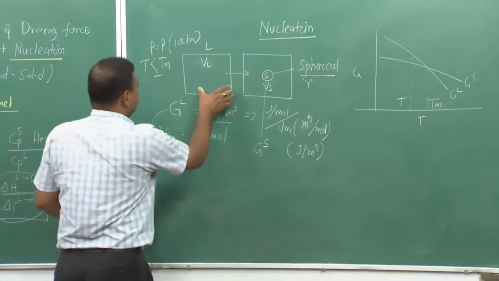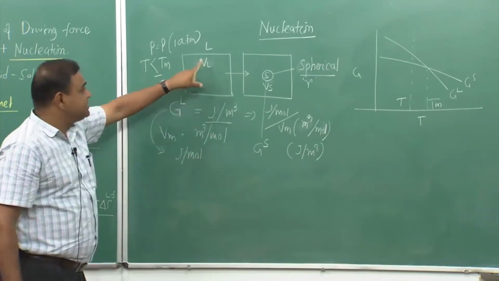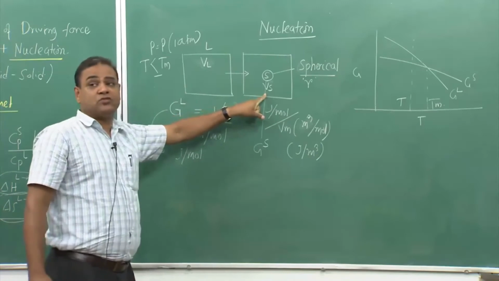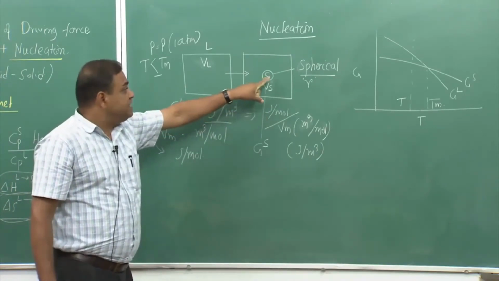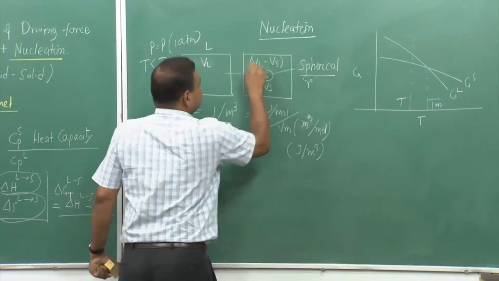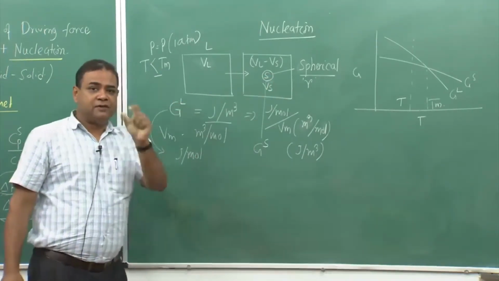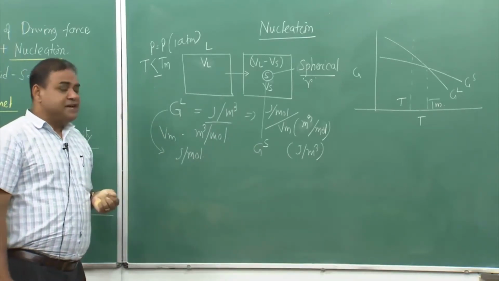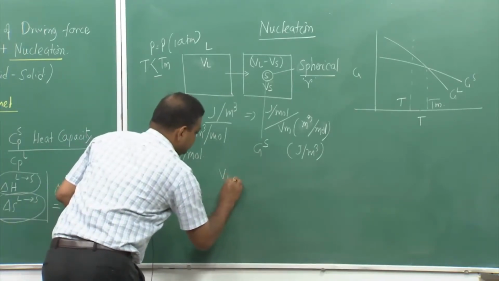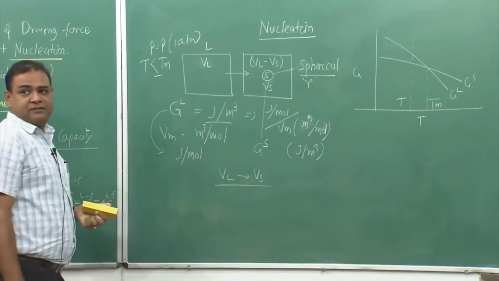Now, I can calculate the total free energy of this particular closed volume, and there, interestingly, the volume of liquid is now VL minus Vs, because I have also taken a solid into consideration. And interestingly, I am considering that VL converts to Vs whenever this transformation takes place.